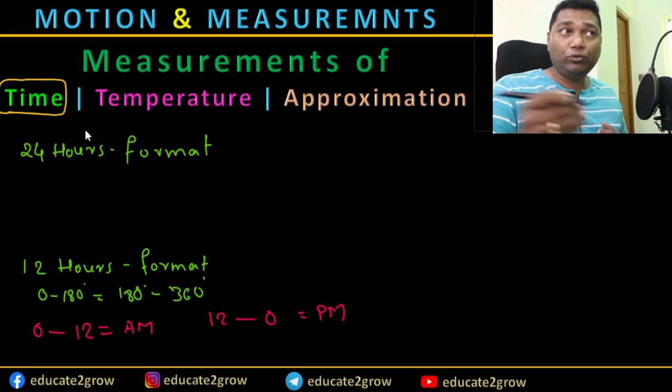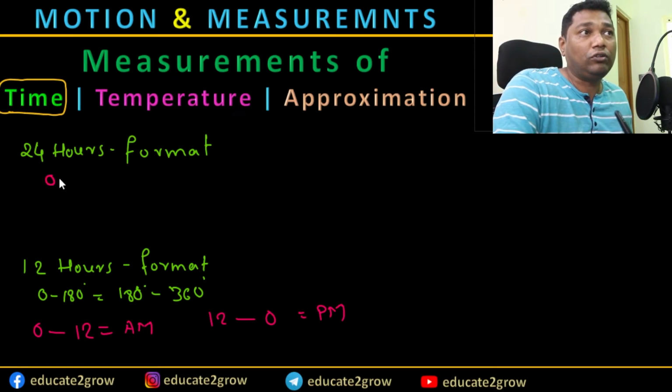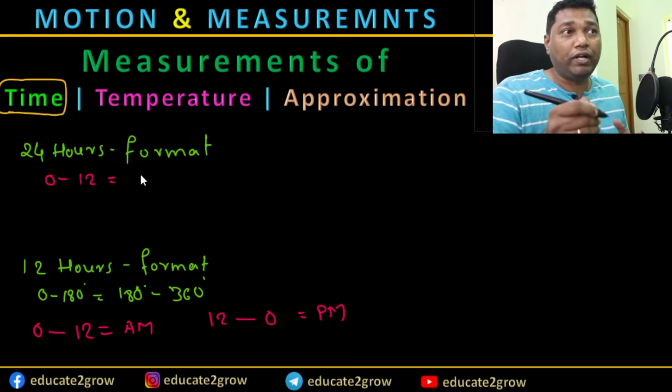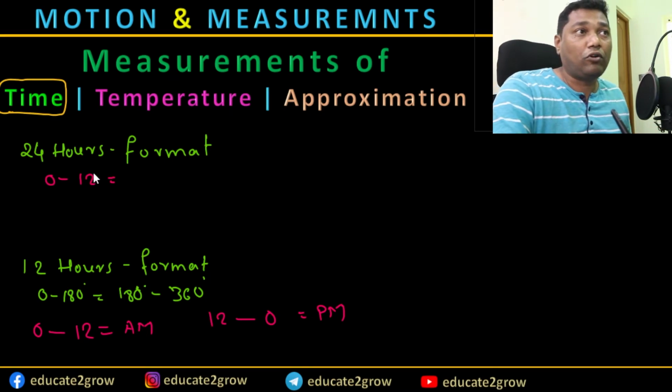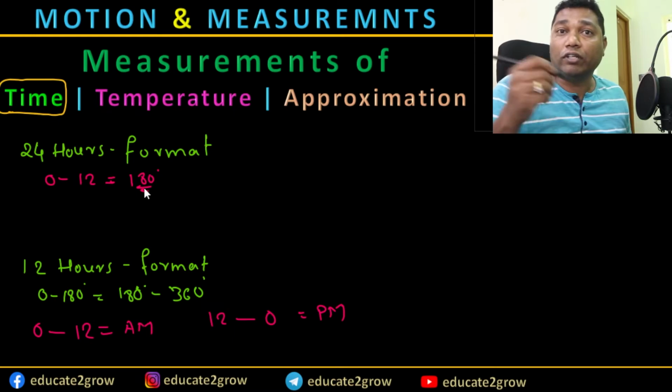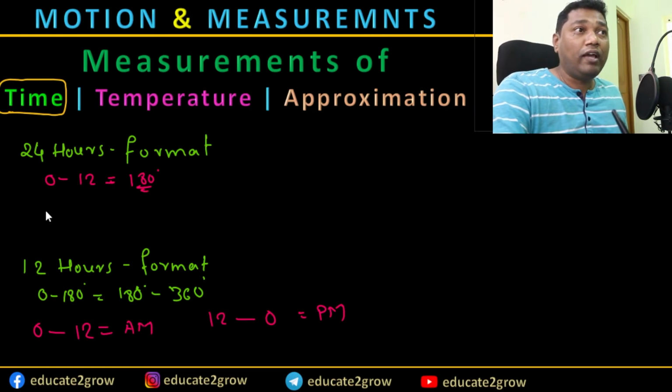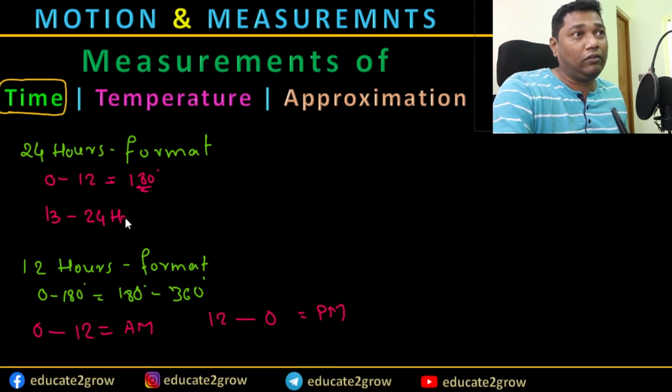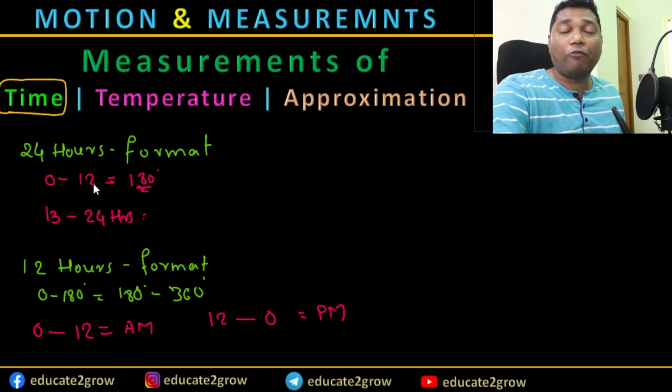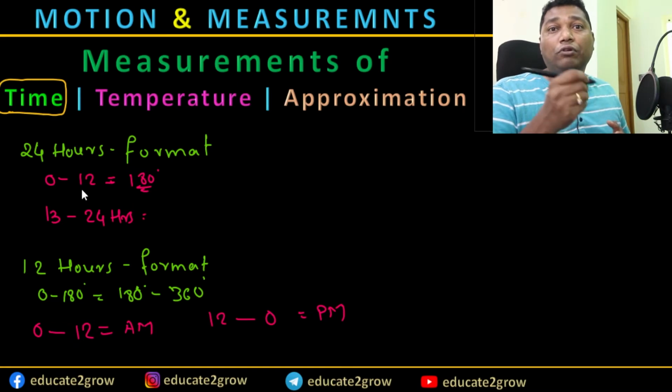When we go to the 24 hours format, 0 to 12 is no post meridian, no anti-meridian. We call it like that. It is just a 180 degree movement of the earth with respect to its axis. Then we say it's 13 to 24 hours, which means after 12 we count 13, 14, 15, 16.